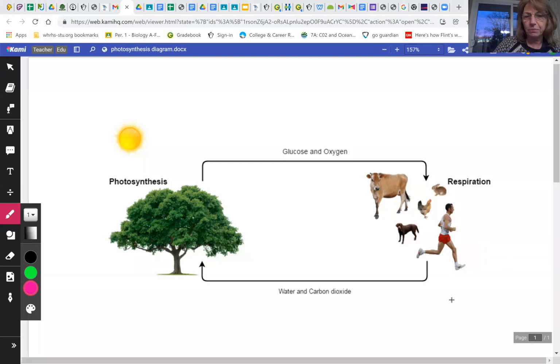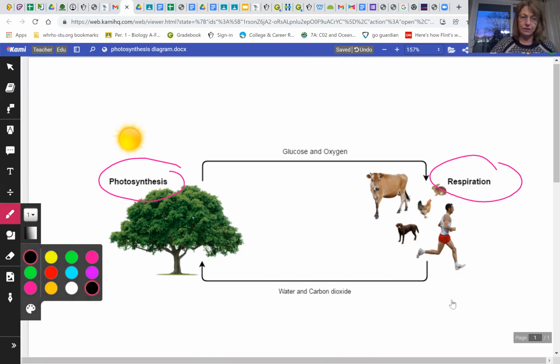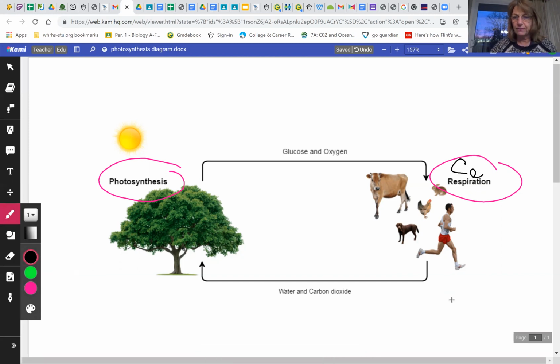Okay, so you should be able to see a diagram that has photosynthesis and cell respiration. I'm actually going to change the color there, make this black. Okay, so if we look, we've got the sun and the sunlight is coming into that tree. And the tree is also taking in carbon dioxide from the atmosphere.